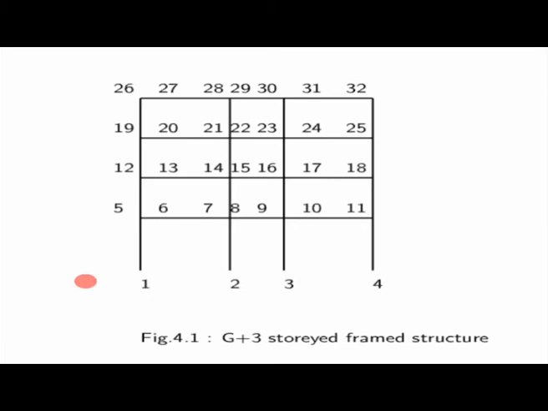And then what about the member numbers? Say first element, second element, third, fourth, fifth, sixth, seventh, eighth, 9th, 10th, 11th, 12th, 13, 14, 15, 16. So first 16 are columns. Then here I have 2 elements each, 17, 18, 19, 20, 21, 22. Why do I require this?